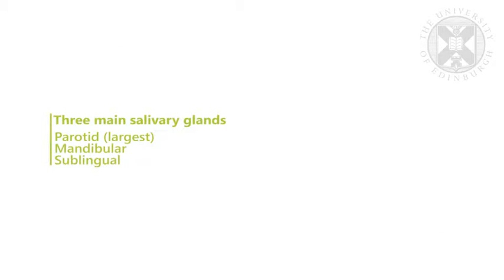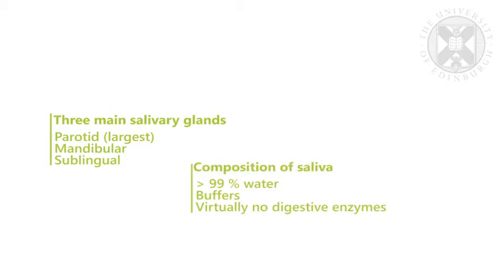Having mentioned saliva production, there are three main salivary glands: the parotid, which is the largest, the mandibular, and the sublingual. Saliva is predominantly water, about 99%, but it also contains some buffers and electrolytes.